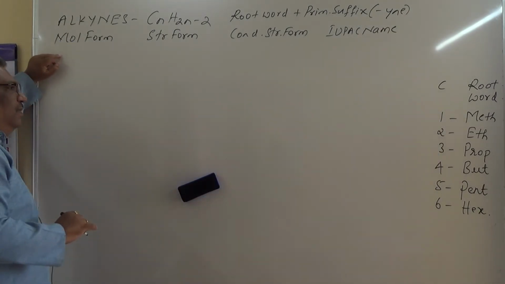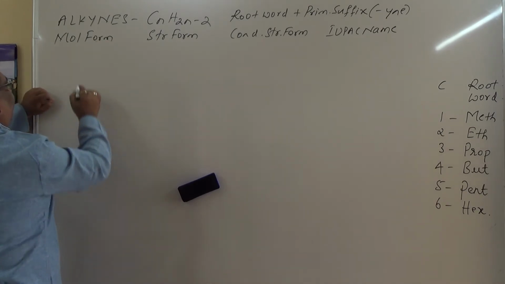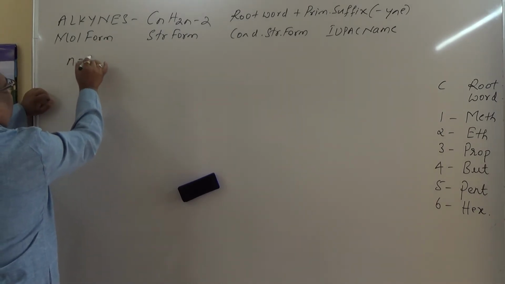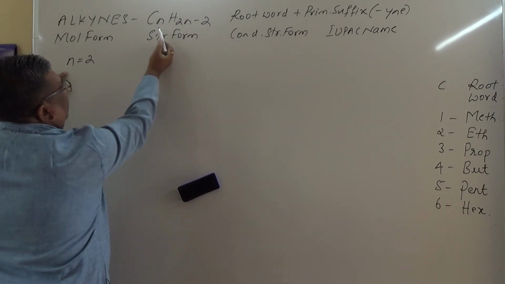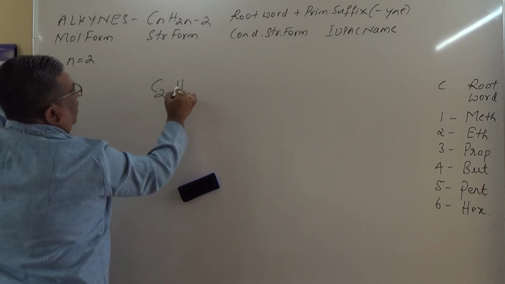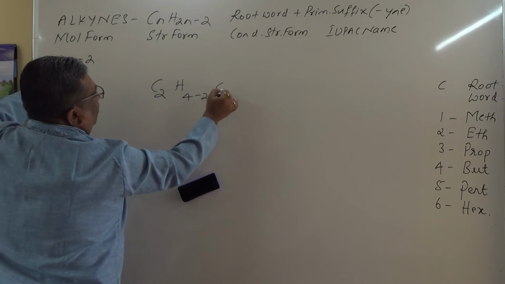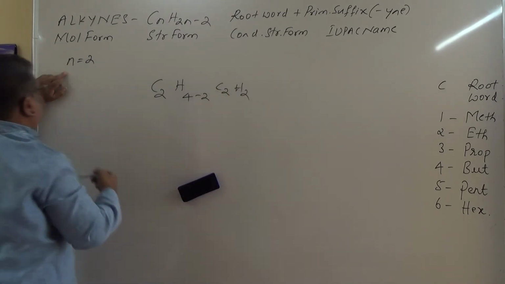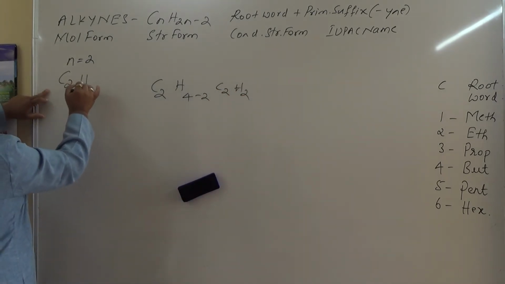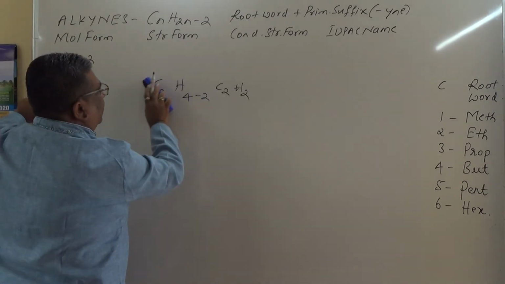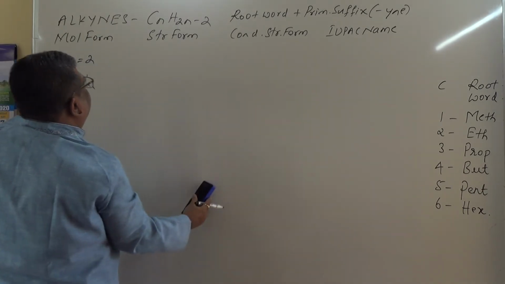As I said, the alkynes also begin with n equals 2. Put into the formula C2H(2 times 2, 4 minus 2), which is C2H2. So this is C2H2.